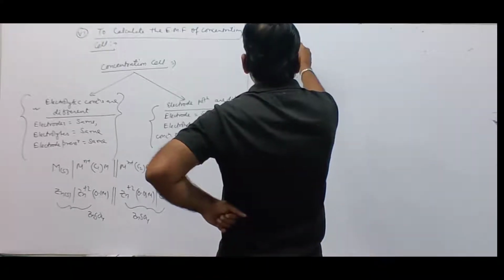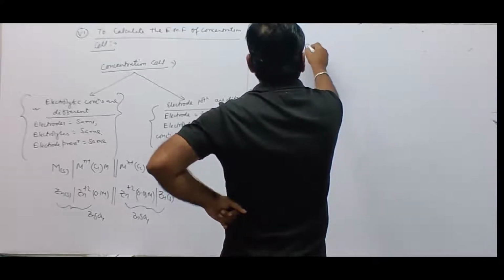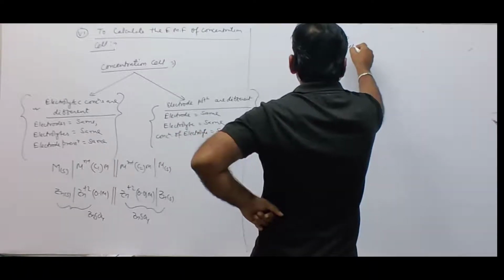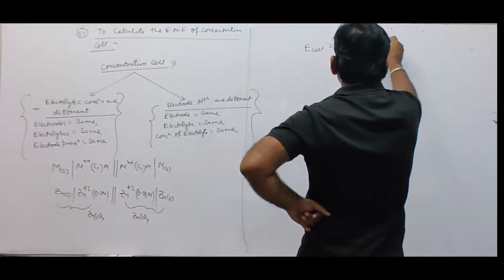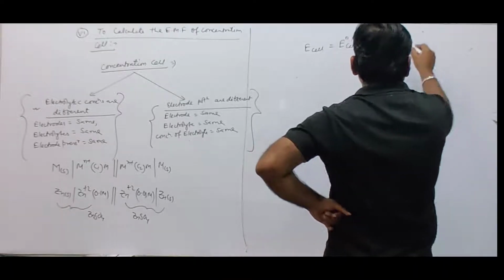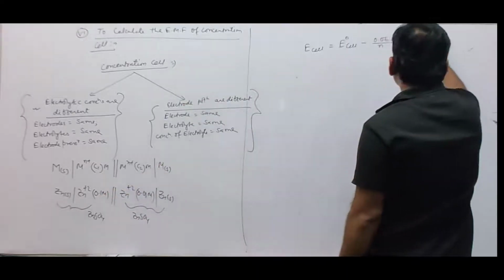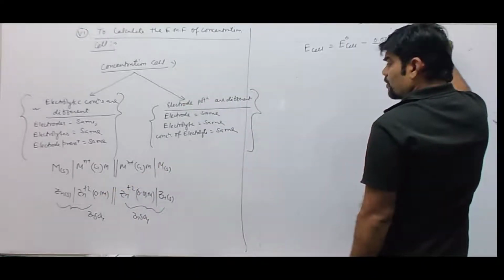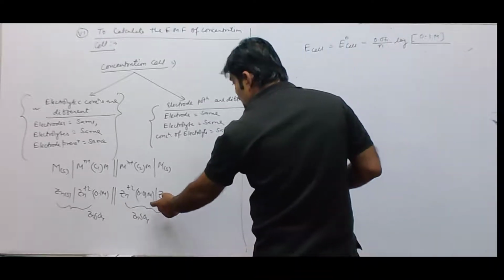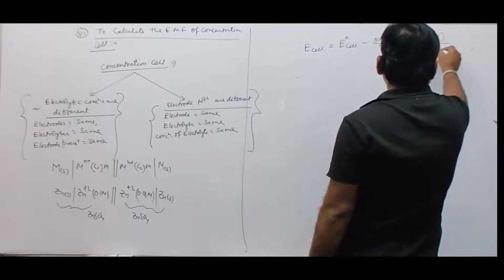Okay, so let's say, for example, EMF of cell is equal to E naught of cell minus 0.06 by n log base 10, concentration of product, so the product is this, that is 0.1 molar, divided by concentration of reactant, and the reactant is 0.01 molar.